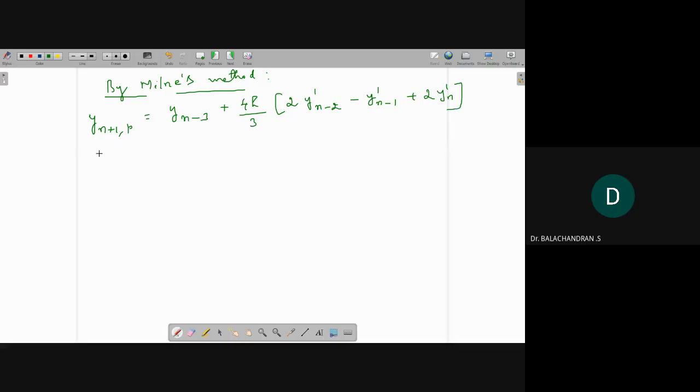Now we need to substitute n equal to 3, because I need y4.